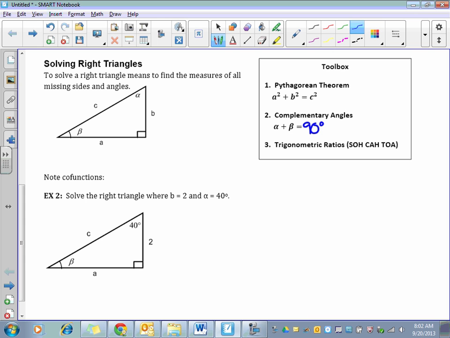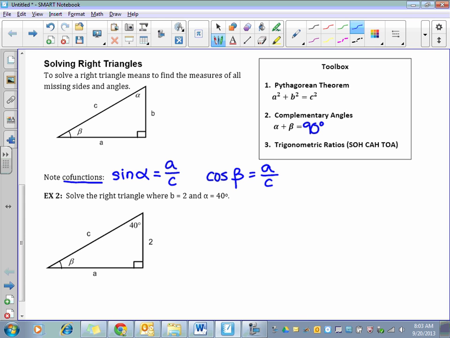So one other thing that I want you to notice are the co-functions of sine and cosine. So for example here, if I was looking at sine of alpha, my opposite would be a, and the hypotenuse is still c. And if I look at cosine of beta, cosine would actually be the same, because now for beta, the adjacent side is a, and the hypotenuse is still c.